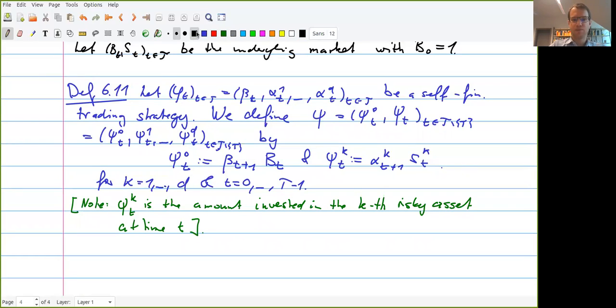The nice thing is here, because I only care about the terminal wealth, if I look at the wealth at time t, or the value generated by trading with respect to phi at time t, this is now nothing else than the sum of the amounts I have invested in each of the D+1 assets.